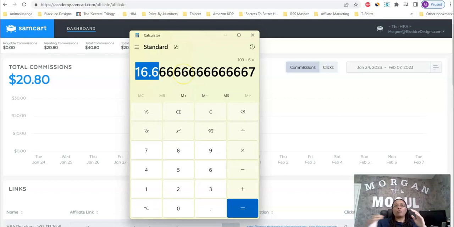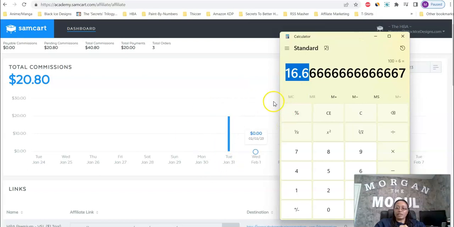And so what would those 2 sales mean in your business, right? Assuming at least one of them is probably going to be someone upgrading to premium. This purchaser right here upgraded to premium or started the premium trial.